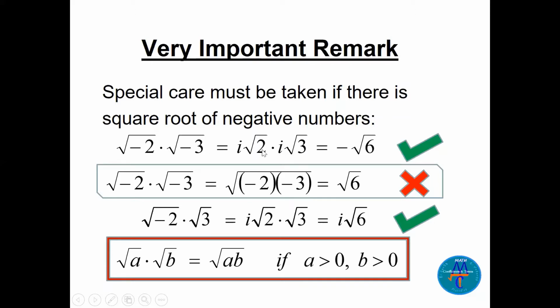That will be i squared here, and i squared is -1. So minus square root of 6 is the correct answer. Now, if you have one of them complex, you have to leave the i. The rule square root of a times square root of b is equal to square root of ab can be used only if a is positive and b is positive, that means real numbers.